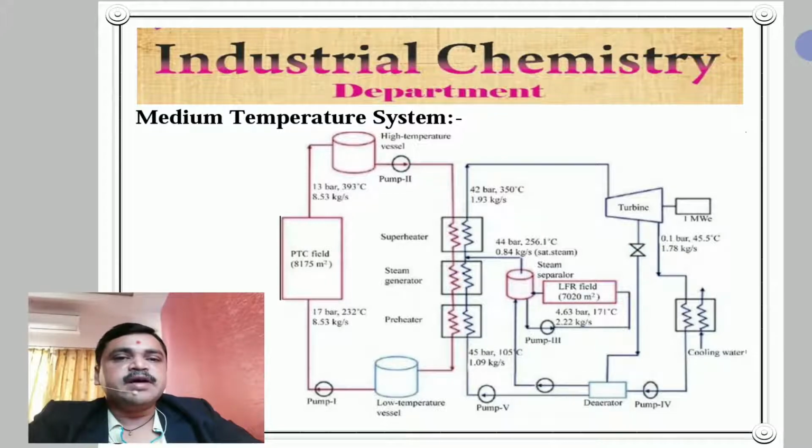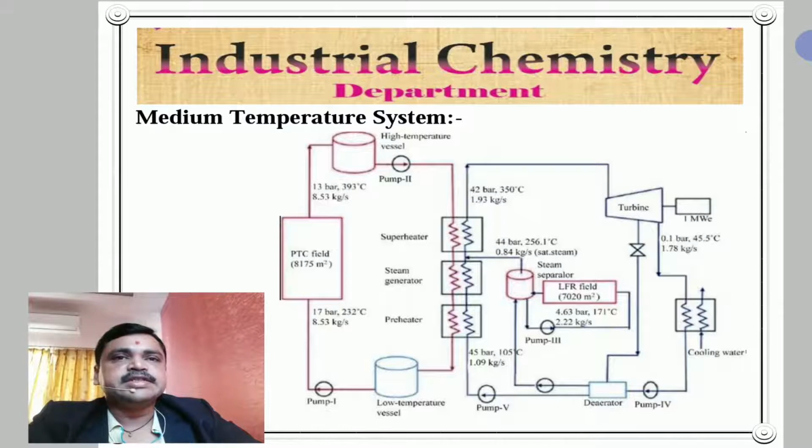We studied the low temperature system, which works at a maximum of 100 degrees Celsius. Medium is up to 400 degrees Celsius, and high temperature is more than 400 degrees Celsius.